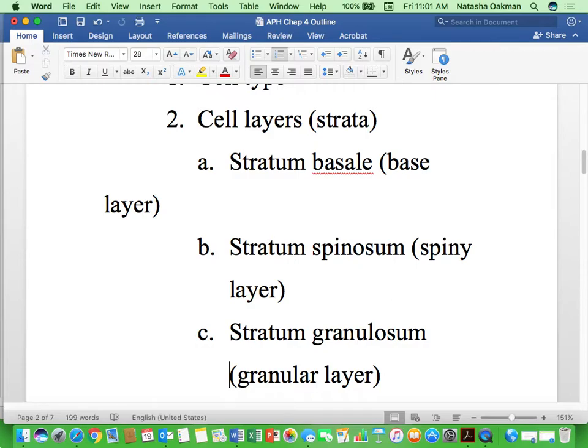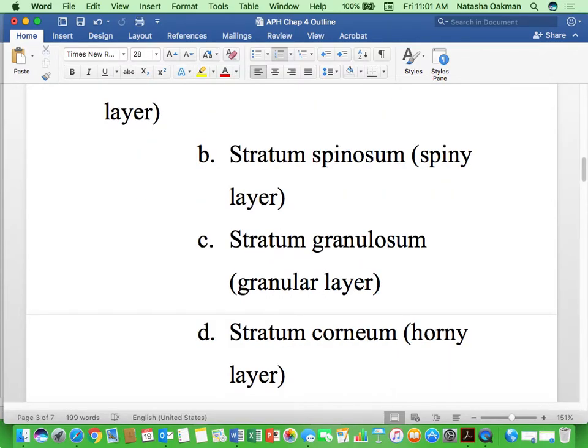This cell is becoming keratinized. And then we get to the stratum corneum, the horny layer. At this point, the cells are dead, and they're basically flat sacs full of keratin.